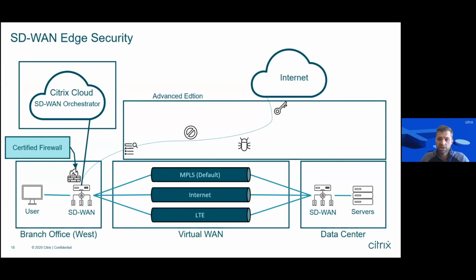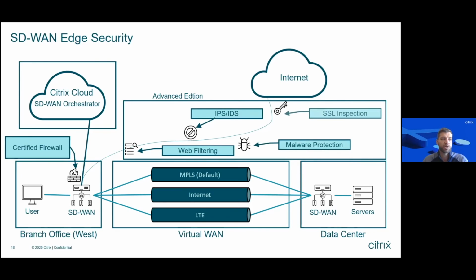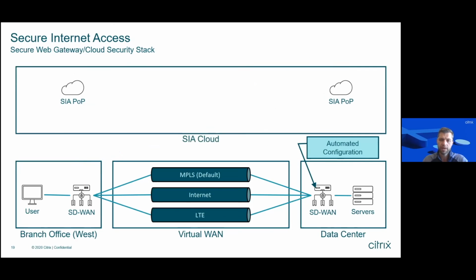For more advanced security use cases, you can extend that onboard firewall with an advanced edition that's more threat engine driven. So it would then include things like web filtering, intrusion detection or prevention, malware protection, or SSL inspection. And all of this then gets managed out of this unified interface. And as an alternative to the on-prem option, we also have the Citrix Secure Internet Access.